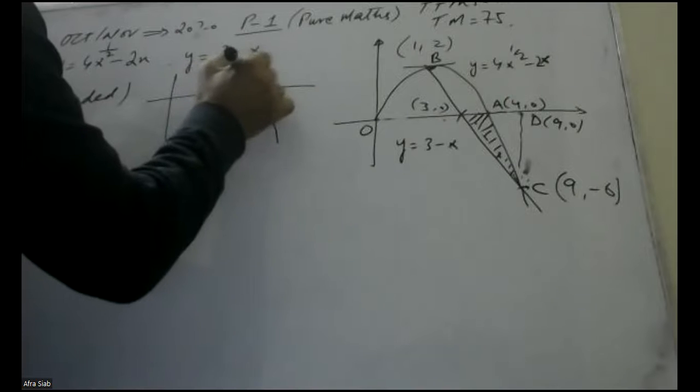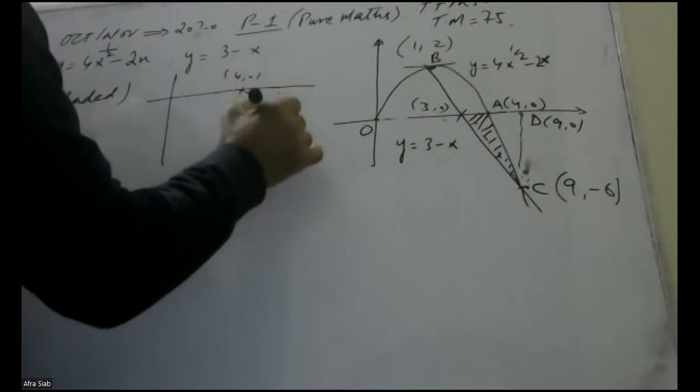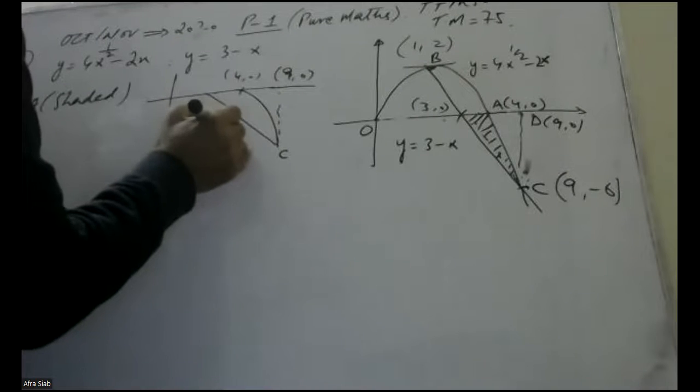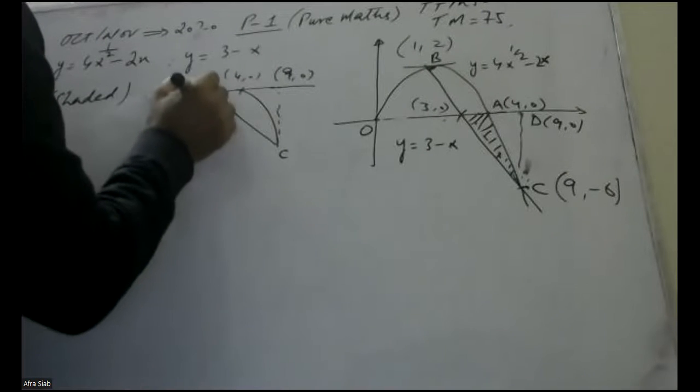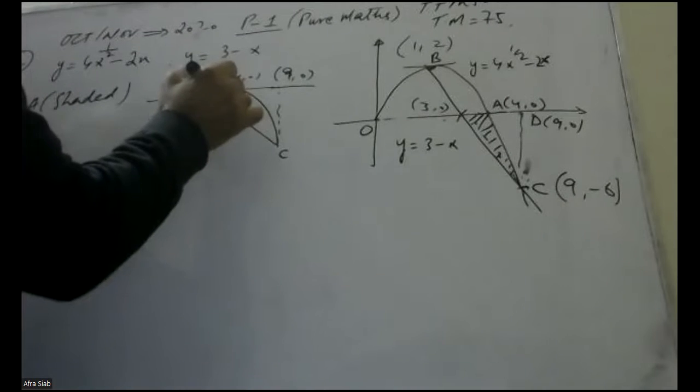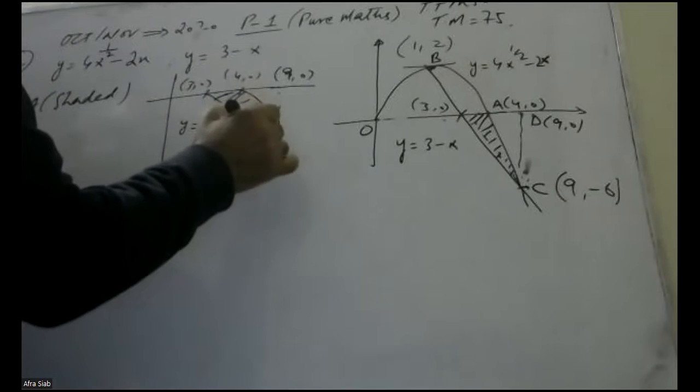So this is the situation there, that the curve is like this, which is (4, 0), and this point C is (9, 0), and there is a line which is cutting at C, that is y equals 3 minus x, and that is equal to (3, 0). And this portion is shaded there.